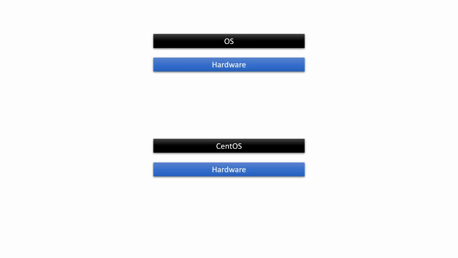Why are we squared back to Windows? Let's come back to this slide only. If we are going to install CentOS on the top of our hardware, we will have to format the Windows machine. Now you have formatted your Windows machine and you are installing CentOS.